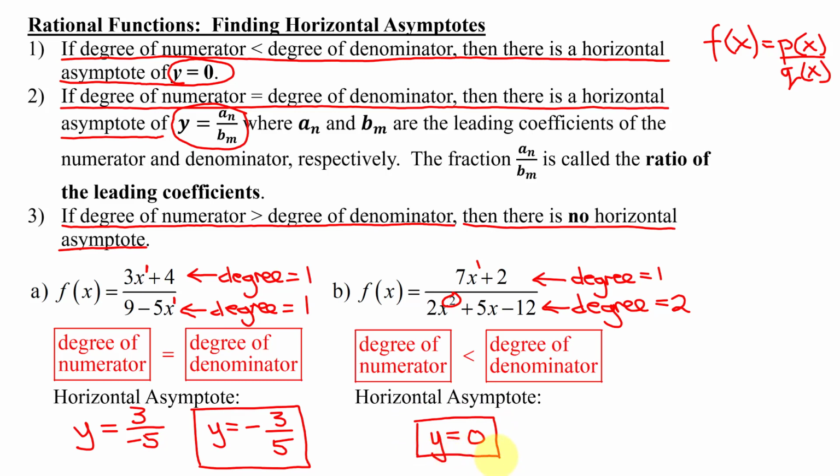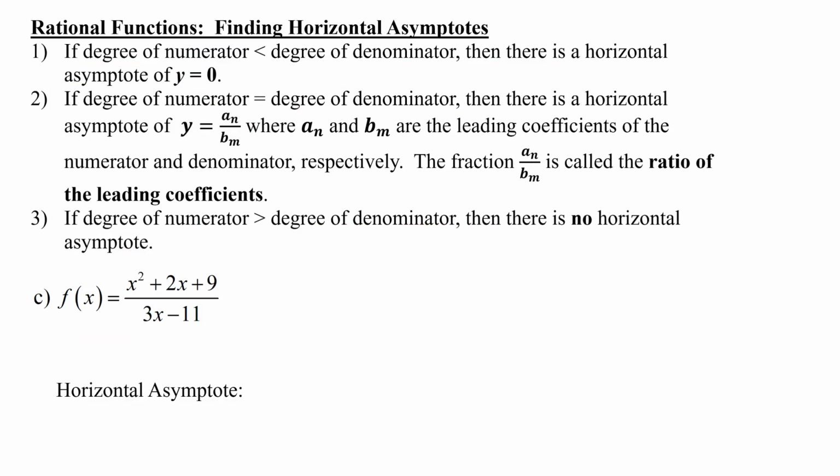And now looking at our last example, f of x equals x squared plus 2x plus 9, all divided by 3x minus 11. The degree of the polynomial in the numerator, the highest exponent in the numerator, is a 2. In the denominator, what's the degree?